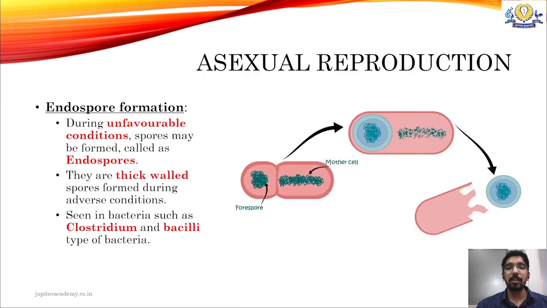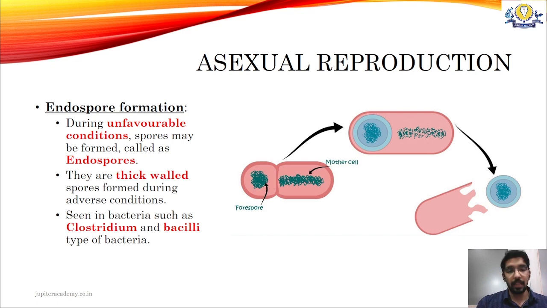The second type of asexual reproduction is endospore formation. Endospore formation is nothing but the entire cell of the bacteria condensing to form a thick walled spore. Such a spore is called an endospore. Endospores are only formed during unfavorable conditions, when there is less food and water.